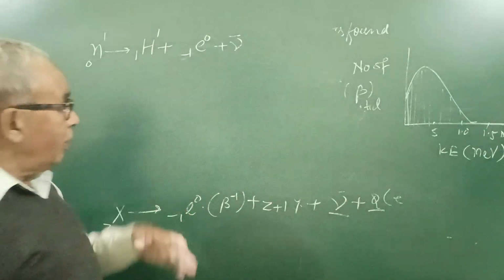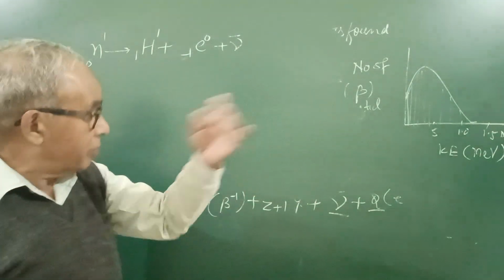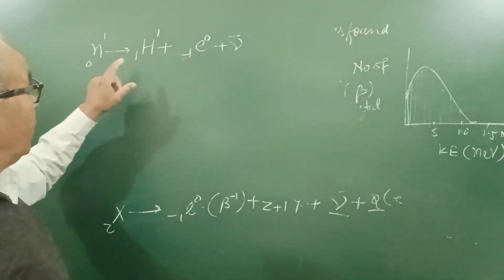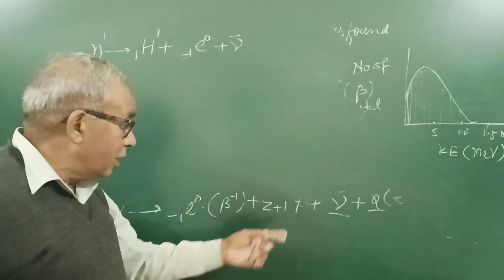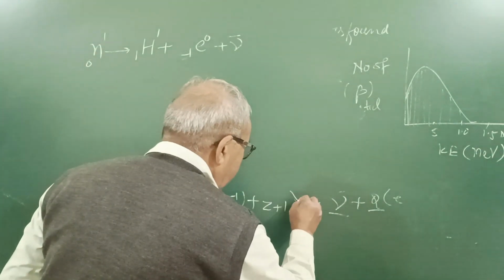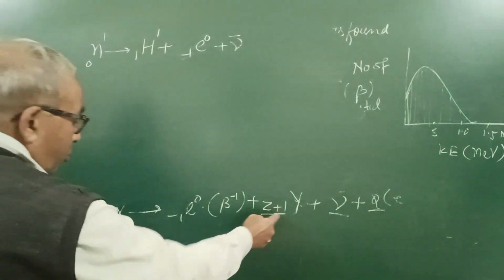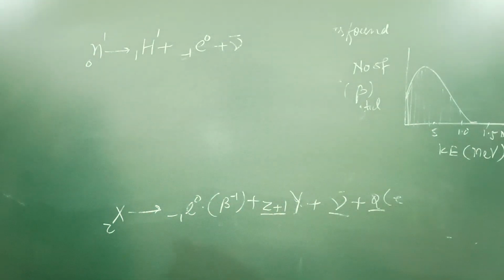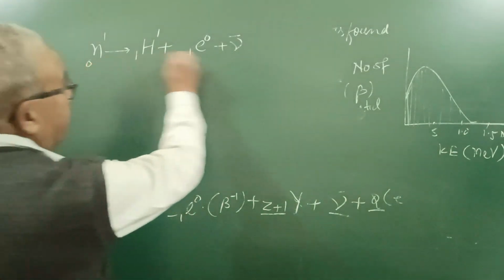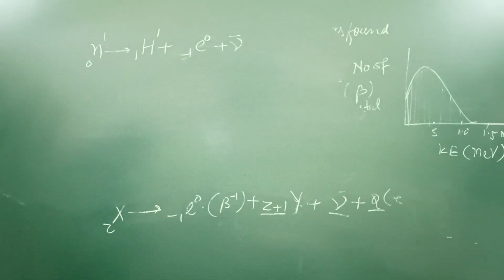Electron cannot remain inside the nucleus, so it comes out. Proton remains inside, that is why the atomic number increases. Already here it is Z plus 1. The sum of mass numbers remains the same. So this is the reason for beta decay.